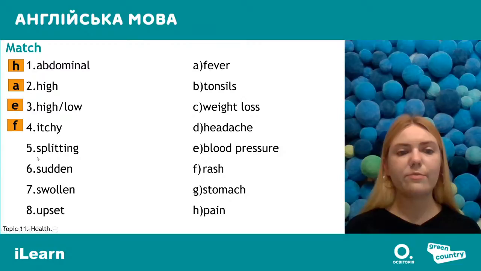Number 5, that is splitting. Splitting, it's like very, very strong.